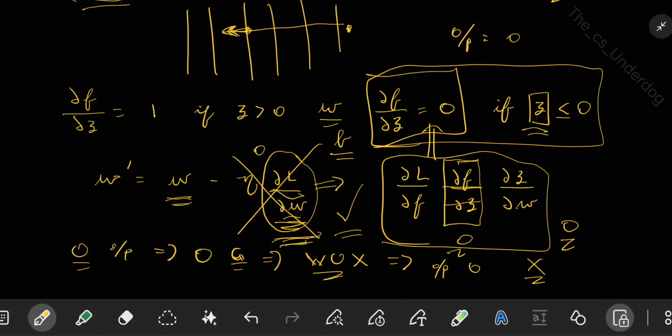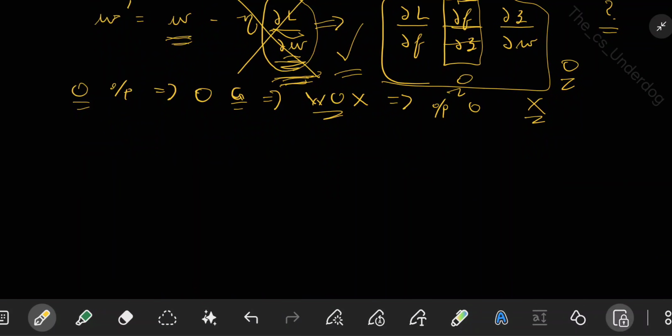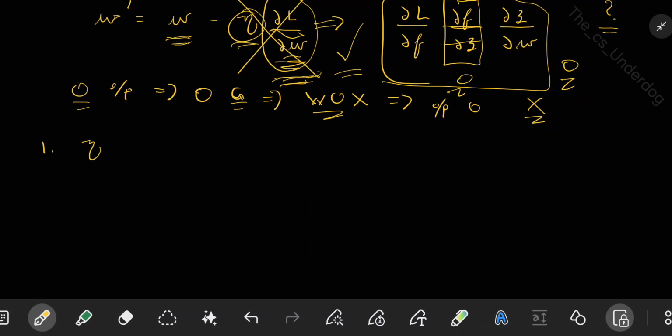Now let us see how you reach this scenario in the first place. I gave you one example. What are the different reasons because of which you can hit the dying ReLU scenario? One reason we already discussed. Let us start from there. That is, if you make a wrong weight update. Let us say you kept this learning rate eta very high.